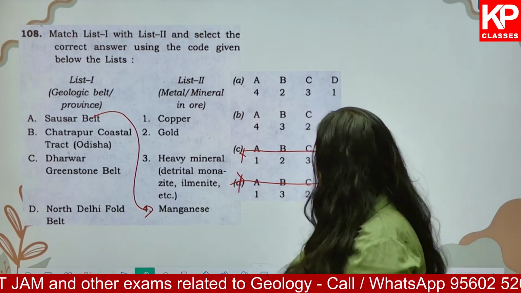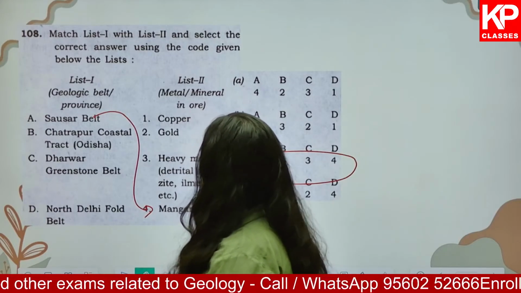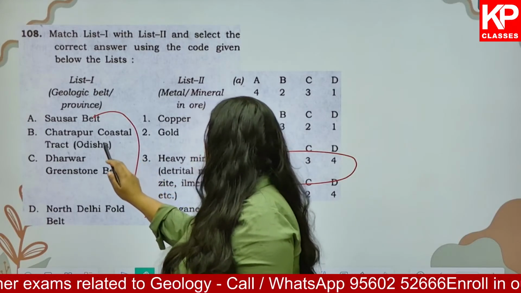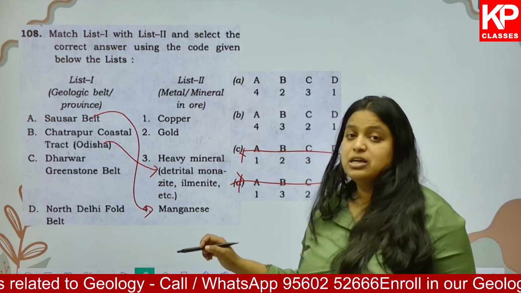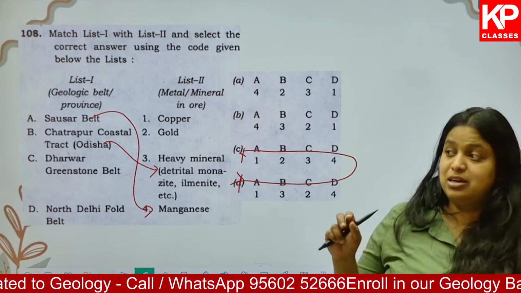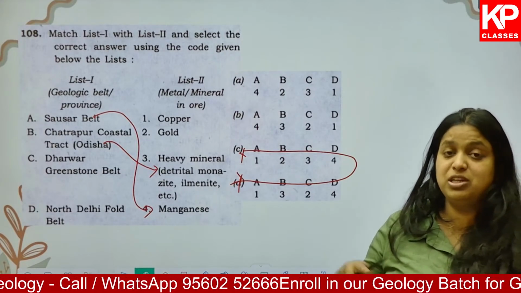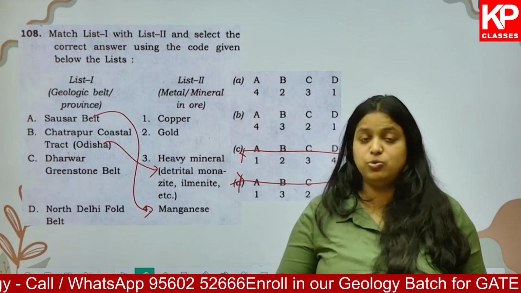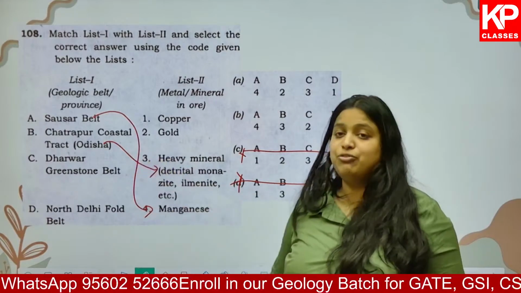Then coming to the next one, North Delhi fold belt, okay. Chhatrapur coastal tract is of heavy minerals. There are only very few places in India consisting of coastal placer deposits of heavy minerals. One is in Kerala, in Kollam district. The other one is in the Chhatrapur coastal tract of Odisha.